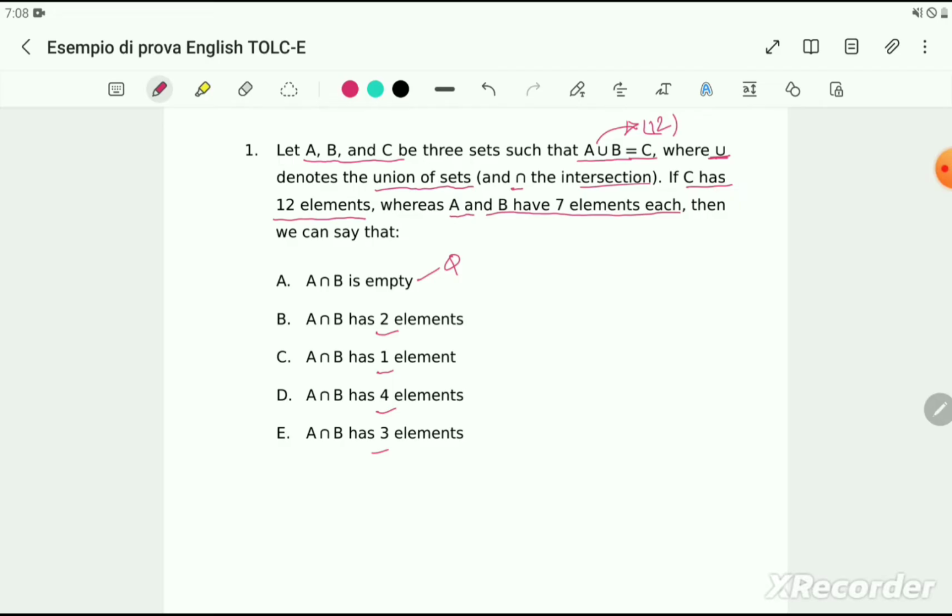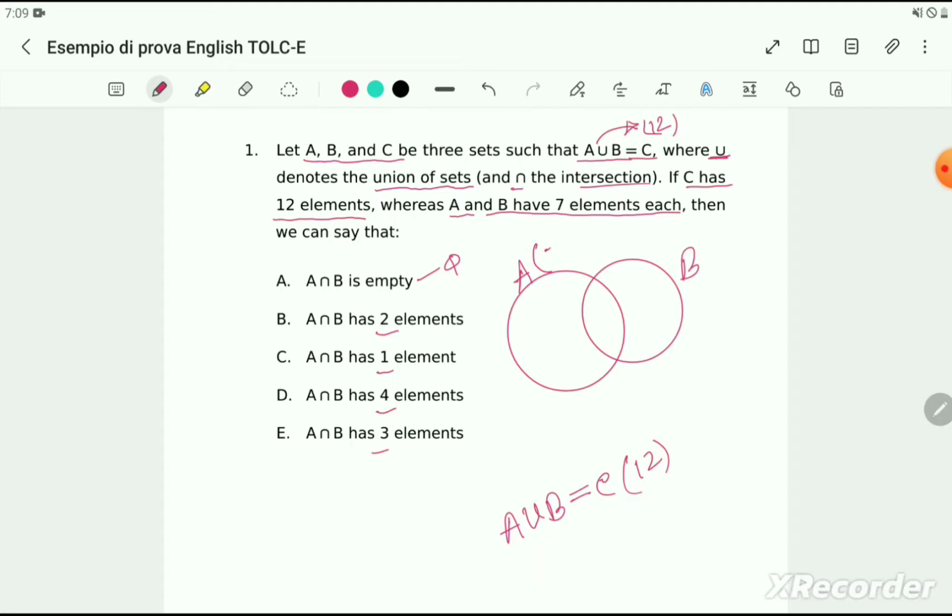So let's start. Let's assign the sets. For example, we draw 2 circles intersecting each other, and we can name them A and B. It's given that A union B equals C, which has 12 elements, and A has 7 and B also has 7.